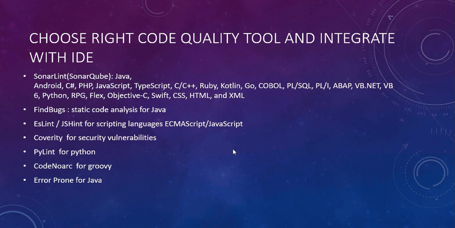For example, SonarLint is one of the open source code quality tools which analyzes your code in the development IDE or development environment, and it will tell you which piece of code is correct and which is not as per the standard, so that you can fix it in the development environment itself, and remove code quality issues or bugs found in later stages.